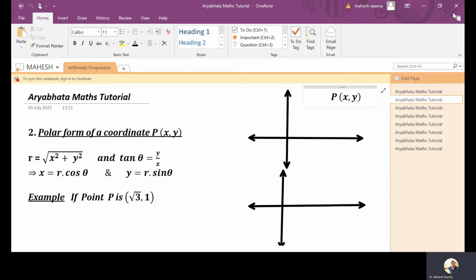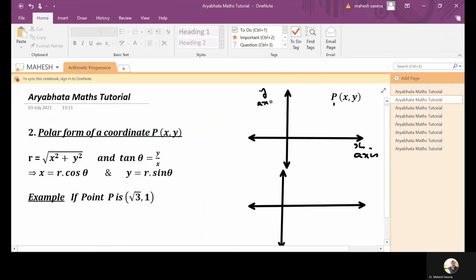Now, we come to the polar form of a coordinate P, x comma y. Let this be a point P whose coordinates are x comma y. And this is the origin O, this is the x-axis, this is the y-axis. Join OP. Suppose this distance OP is r.